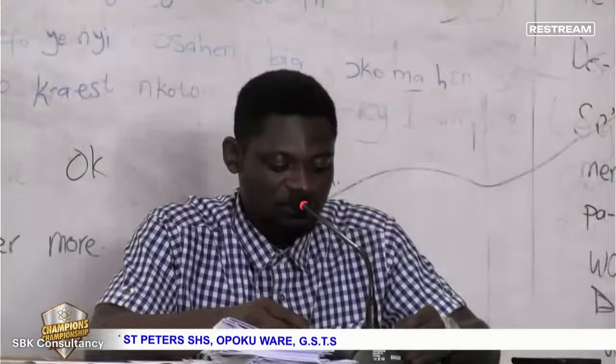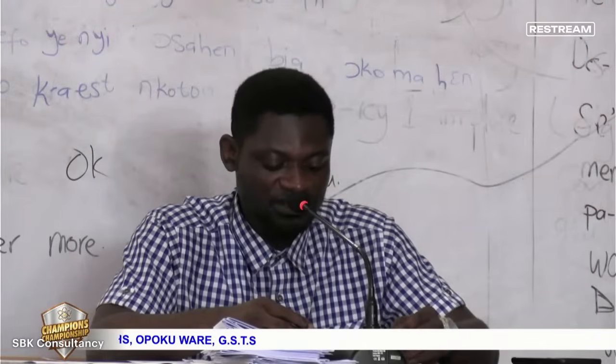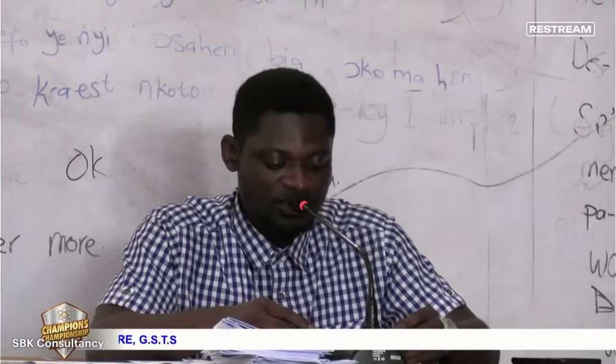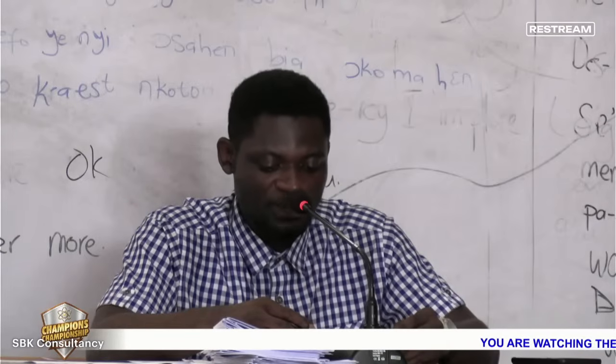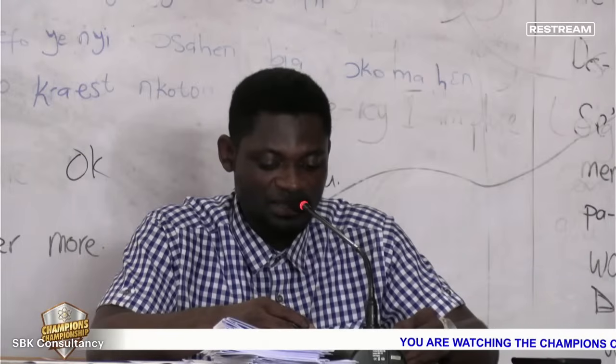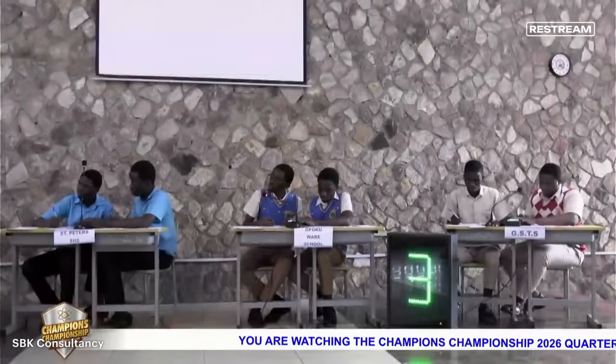Next one. Under the linear transformation, T(x, y) equals (x plus y, 2x minus y). The image of P is... GSTS, come.